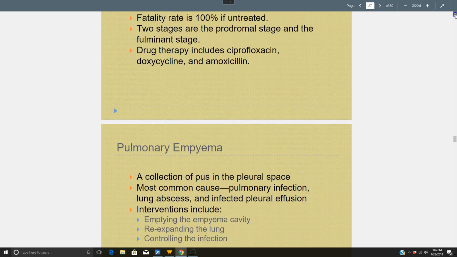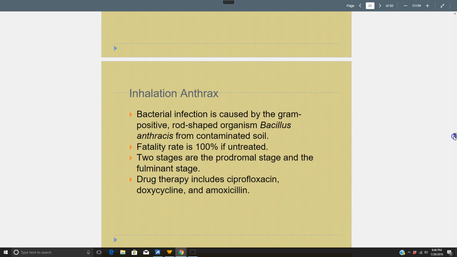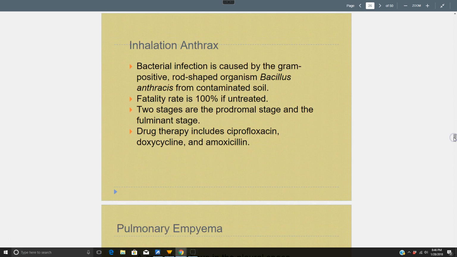We were always worried that anthrax was going to be a biological weapon in terrorism. It's 100% fatal if untreated.